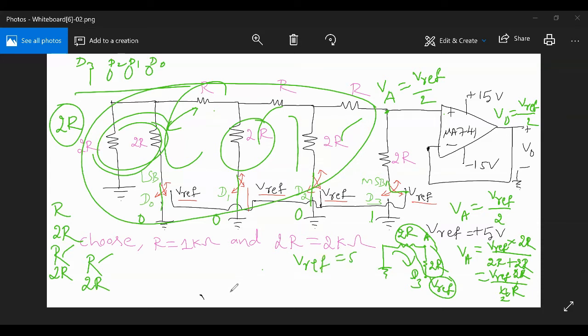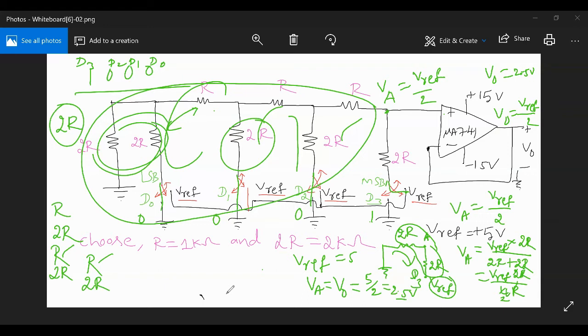Therefore, VA is equal to V0, which is 5 by 2, equal to 2.5 volts. So V0 is equal to 2.5 volts.